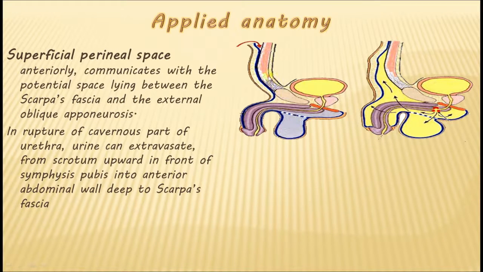Here you are able to see there is absolutely nil space, but once the urine gets collected, it is filled in the superficial inguinal space. So that is the spread of extravasation of urine when there is a rupture of the urethra, mainly the spongy part of the urethra.